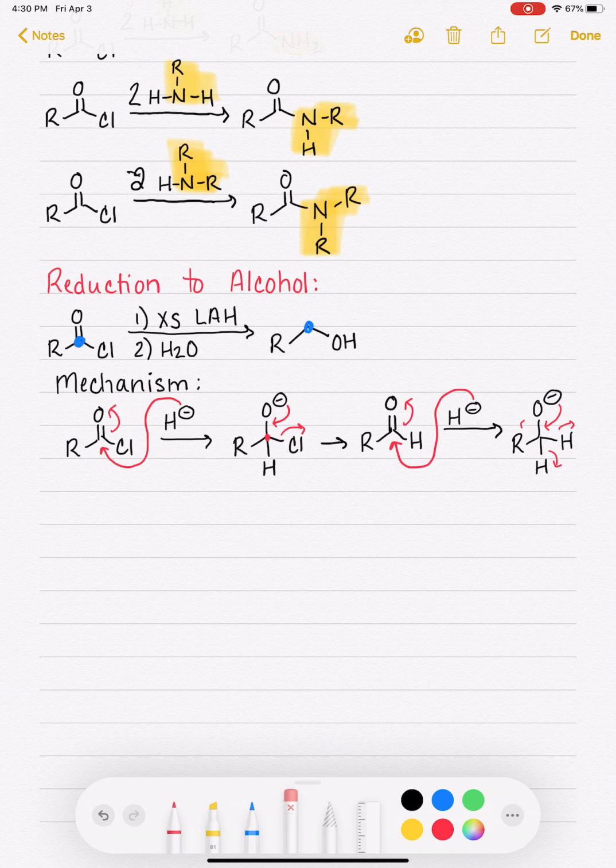Those are all really terrible leaving groups. So the carbon-oxygen bond is not going to come back. So here's where the reaction just kind of stops until you put some water or some acid in there to protonate and give you the alcohol, the product of this reaction.